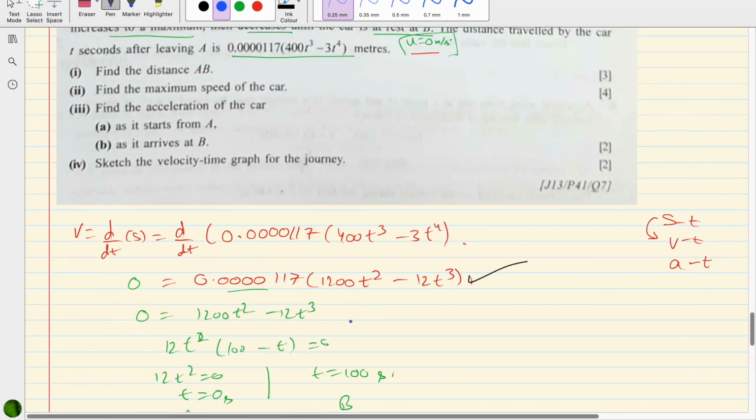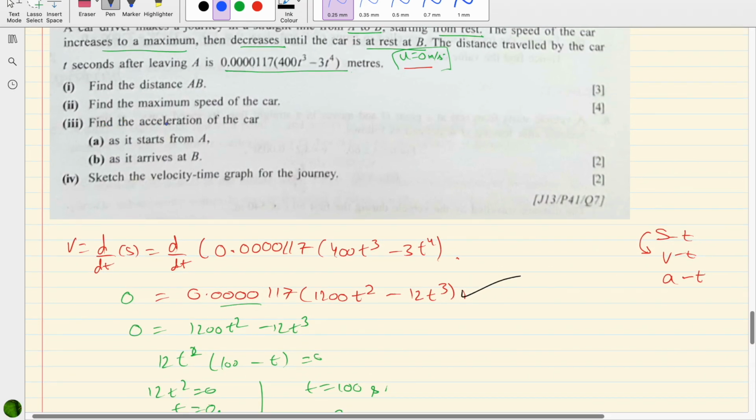Going back for the third question, it says find the acceleration of the car. Acceleration of the car is the derivative of velocity, dv by dt, which we've already done in the second part. As it starts from A we know time is equal to 0, as it arrives at B we know time is equal to 100, we did that in the first part.